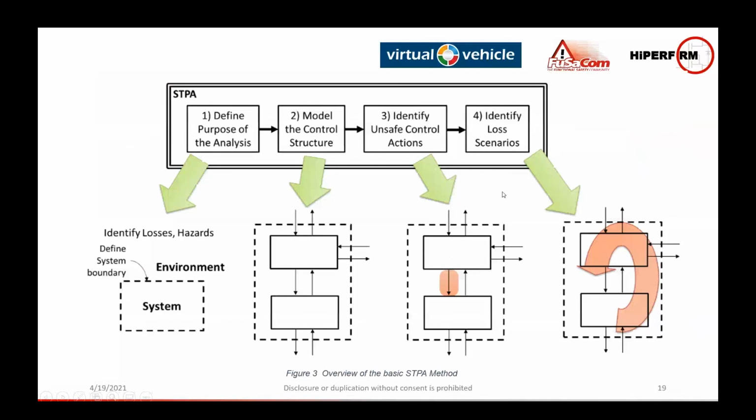Of course, I'm not going to go into detail on the method, but it has 4 steps, where you start from the analysis and the creation of this control structure, a generic model that you adapt, as you will see in the next 2 slides, and you focus on analyzing these unsafe control actions, and from that you derive safe control actions, and you translate them at the end into safety measures.